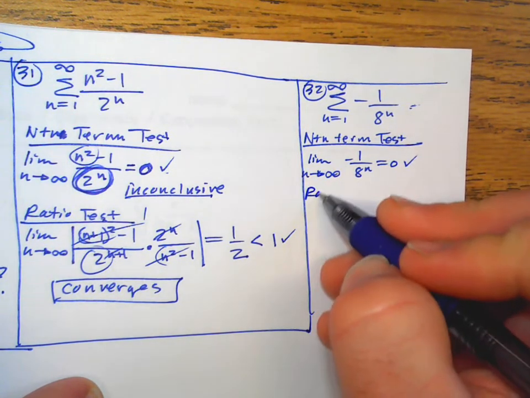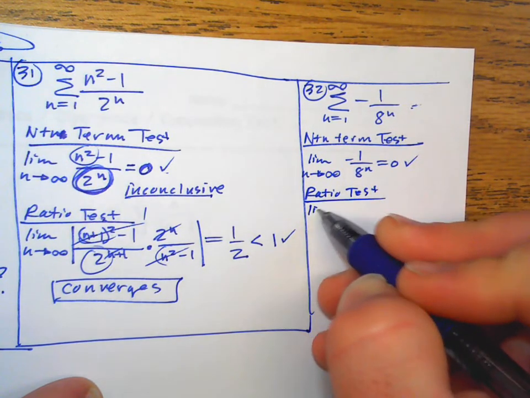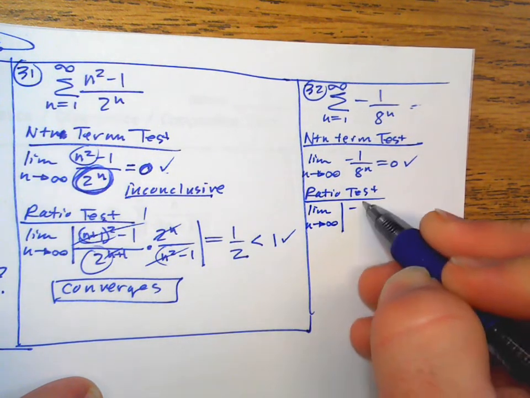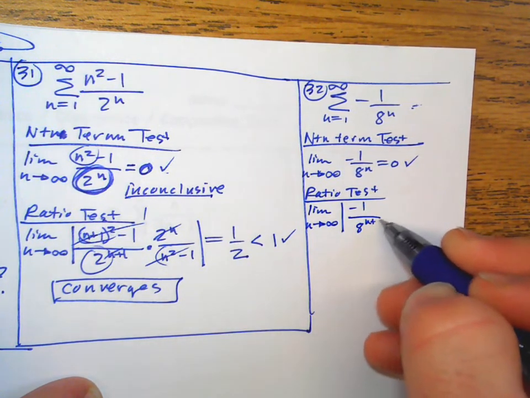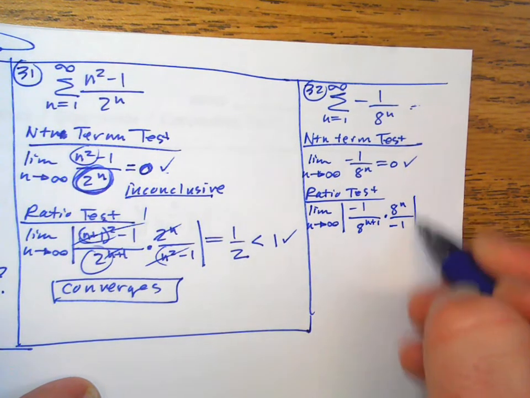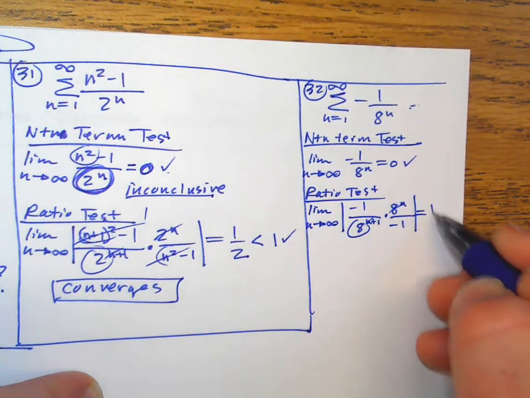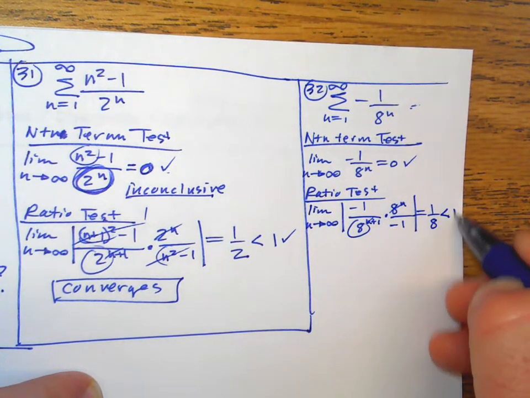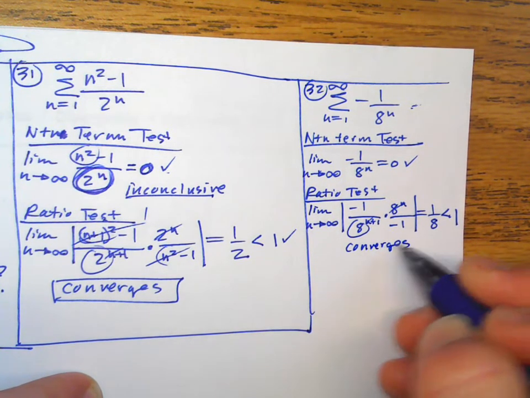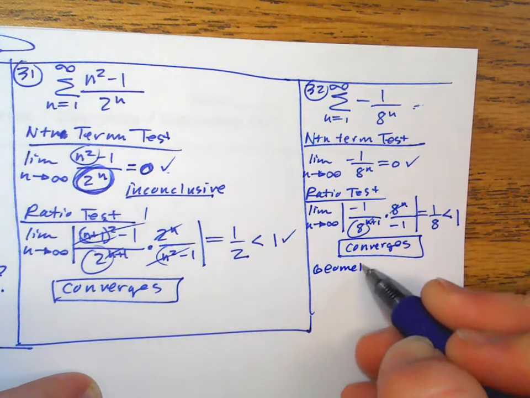So then the ratio test: limit as n goes to infinity of the absolute value of negative 1/8 to the n plus 1 times the reciprocal. Rules of exponents, we're going to get 1/8, which is less than 1, which means it converges by the ratio test.